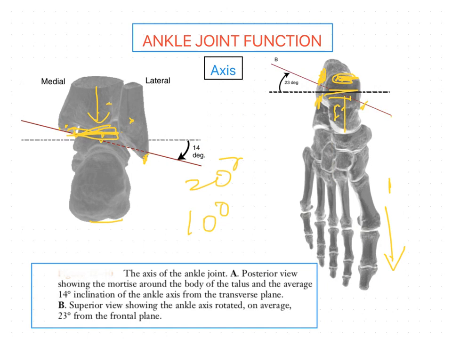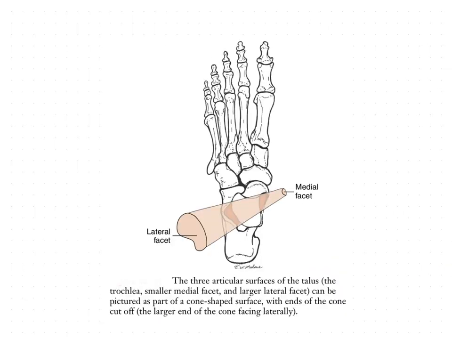Some studies have been done on this: Inman and Mann proposed that the body of the talus can be viewed as a segment of a cone lying on its side with its base directed laterally. The cone should be visualized as truncated, or cut off, on either end at slightly different angles.